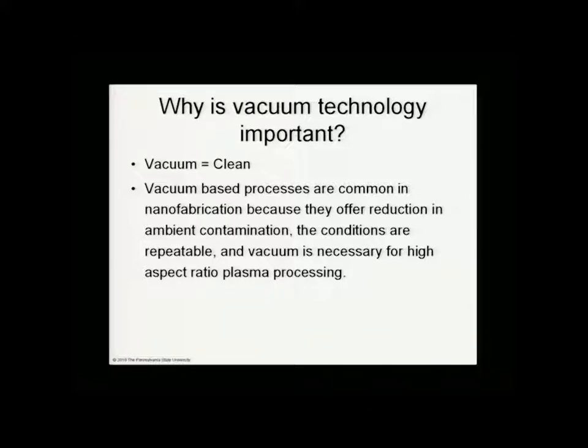The conditions that they establish are very repeatable, and vacuum is necessary for high aspect ratio plasma processing. In other words, vacuum is necessary for things like anisotropic etch and profile control, the things we talked about in lecture 3.